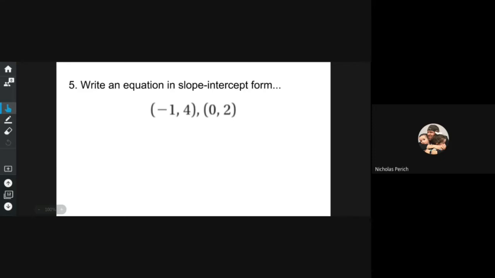Problem 5 is asking me to write an equation in slope-intercept form. What's slope-intercept form, you ask? Well, let me actually select a marker. Y equals mx plus b. So what I have to do is find m, which is my slope, and find b, which is my y-intercept. My slope is found by using the slope formula. So I'm going to label that point x sub 1, y sub 1, x sub 2, y sub 2.